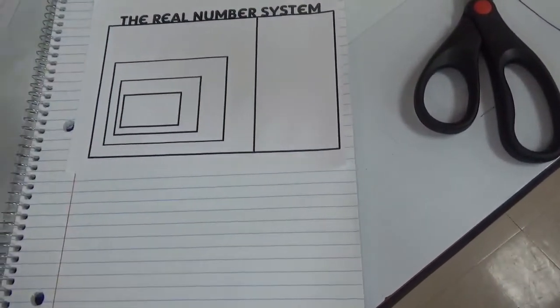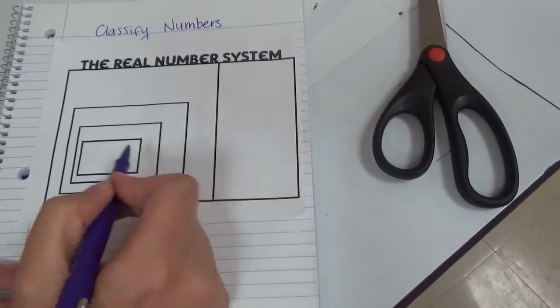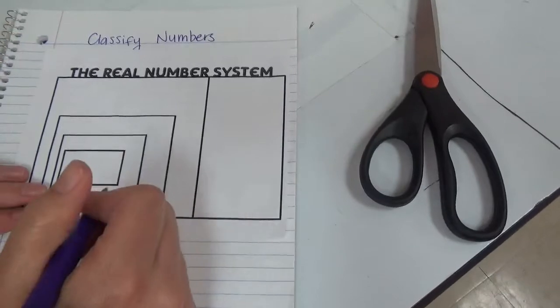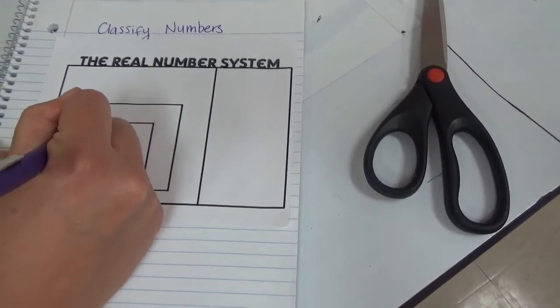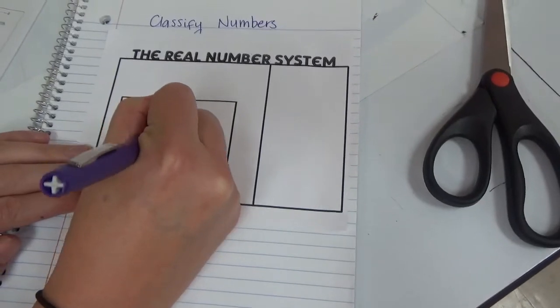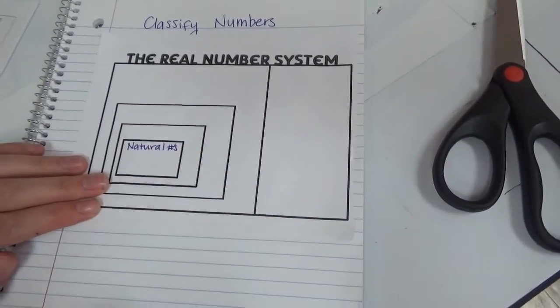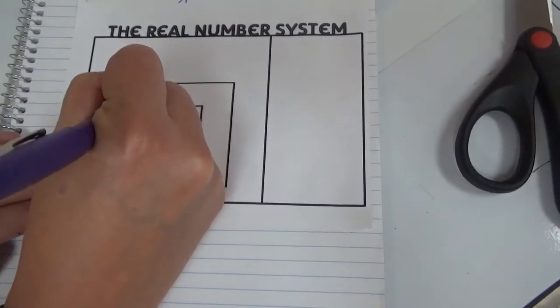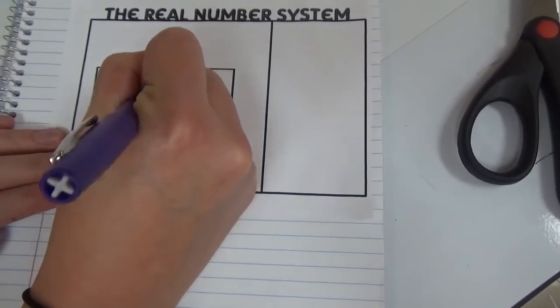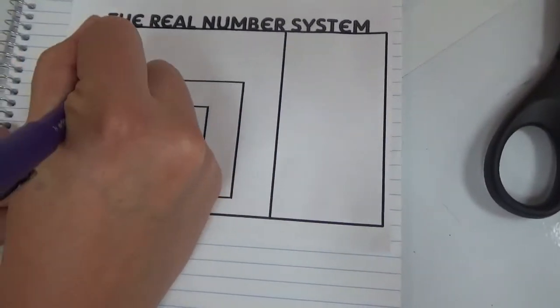So first step, we need to write down the different categories of rational numbers. We have in the middle natural numbers. These are the most basic. Then we have whole numbers. We have integers.